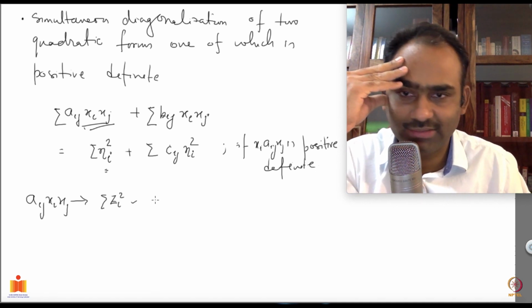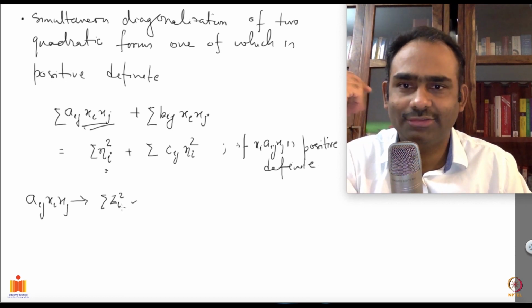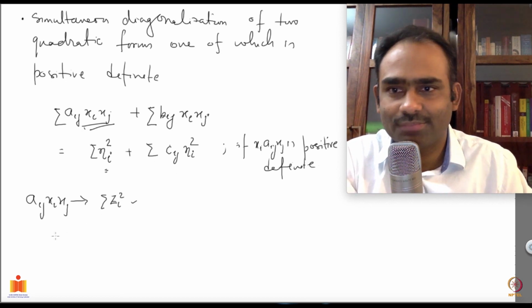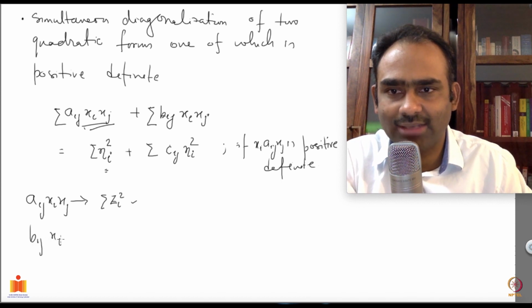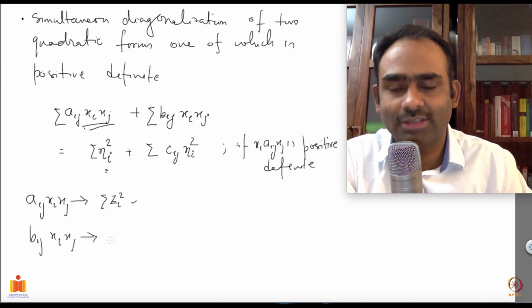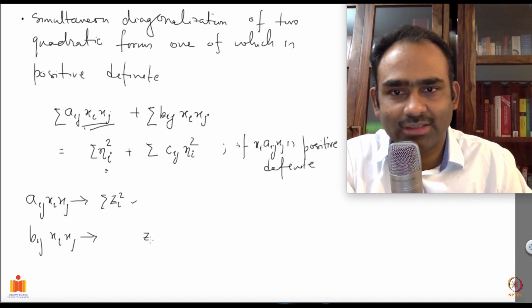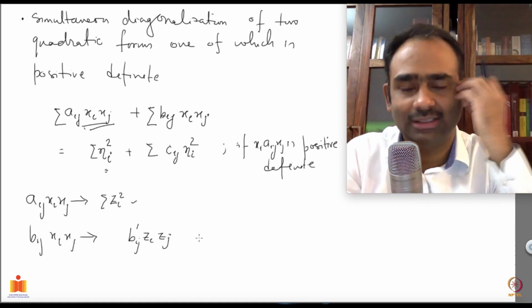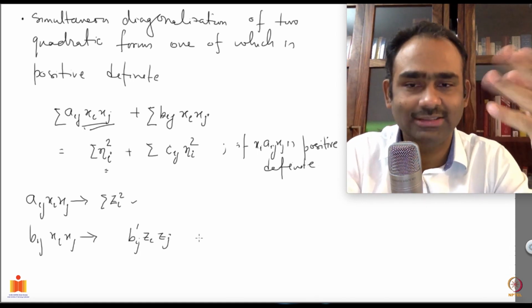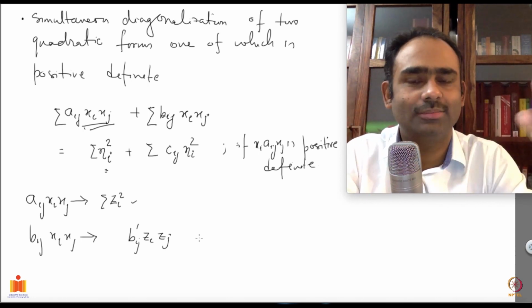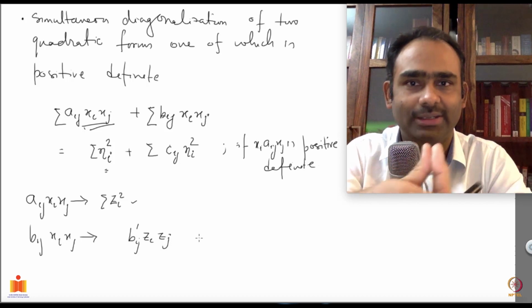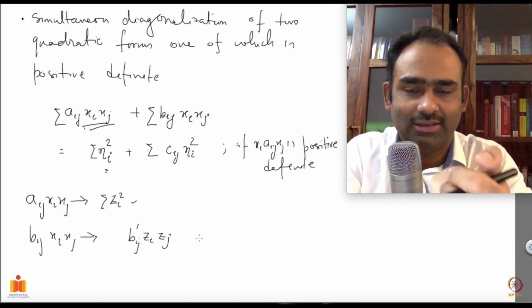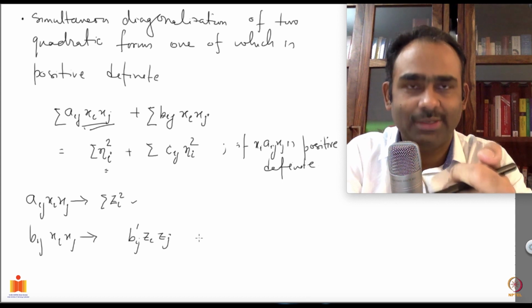Now once you have done this, this term, Bij xi xj, would also transform to zi zj with some b prime. Okay, this is what will happen. You have done a change of basis, your x's have changed to z's, and the matrix Bij would transform into some other matrix, which we are calling b prime, and this b prime would also be symmetric.